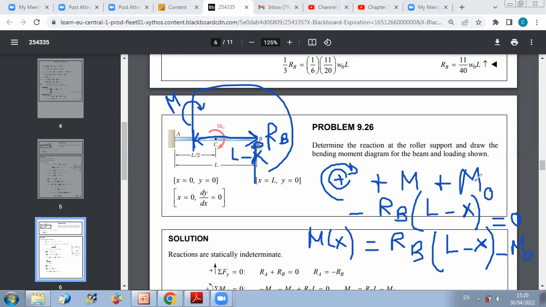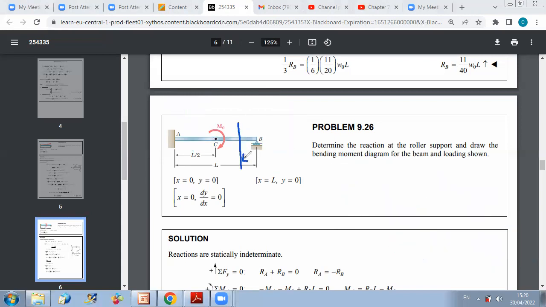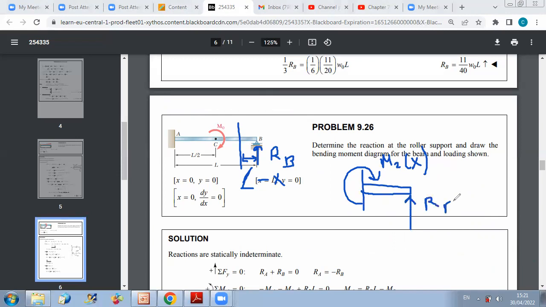And now you can do another section to get the expression of the bending moment for section 2. Section 2 is after M0, so it's here. For section 2, this is your X, this is your L minus X, and this is RB. So for the second section, it's simpler. You just have the bending moment at section 2, let us say M2 of X, and this is RB, and this distance is L minus X. So the equation will be the sum of moments about this point equal to 0.